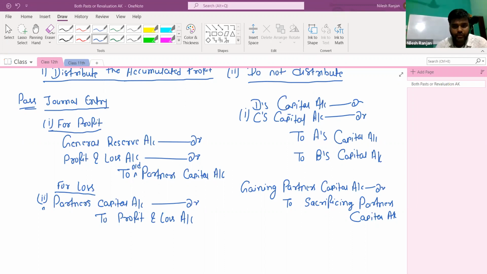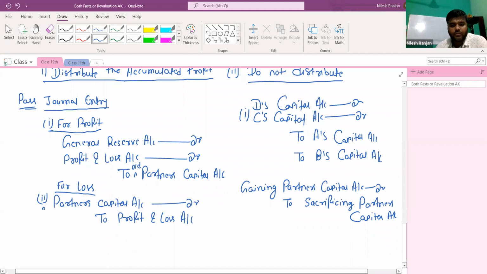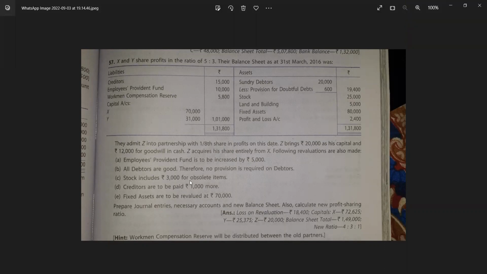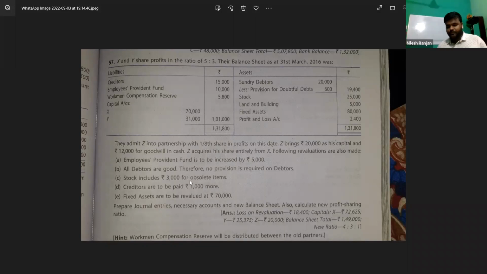Let's see the question. You can see the question, yes or no? Yes, sir. Okay, so there are two partners, X and Y, sharing profit in the ratio of 5:3.